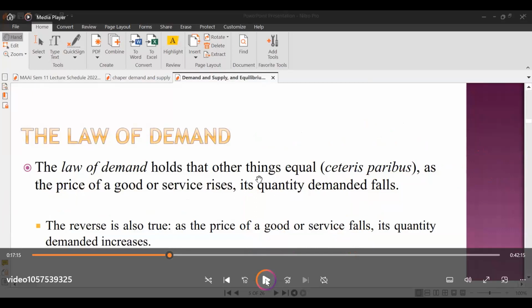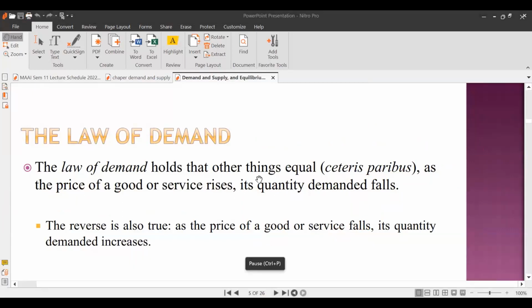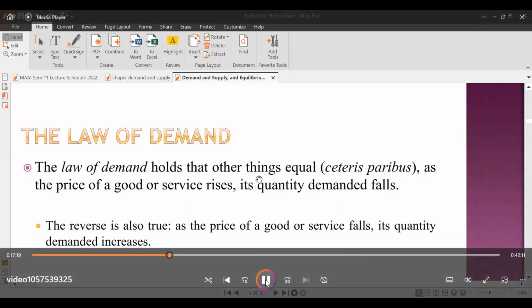Right. Then we listen again to this to enrich the idea. Consumer taste, the prices of other related goods, those things are held constant. With the price of the product, how the demand will change, we examine through the law of demand.